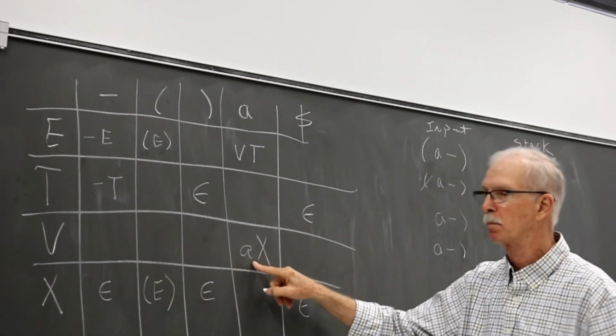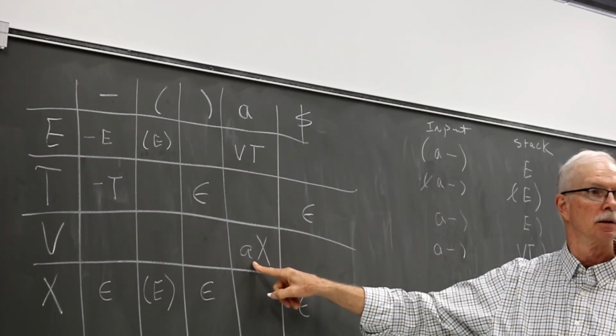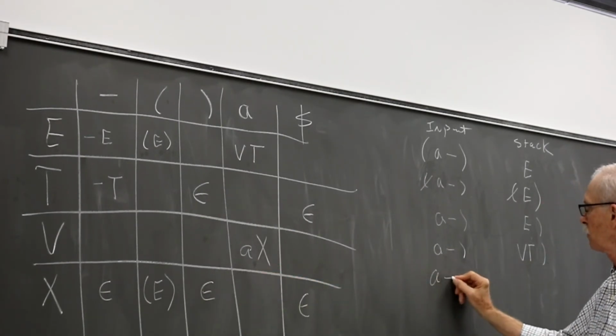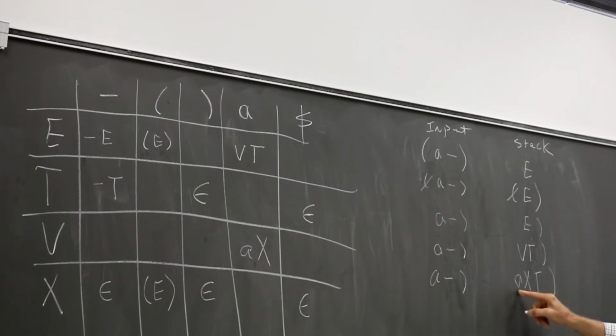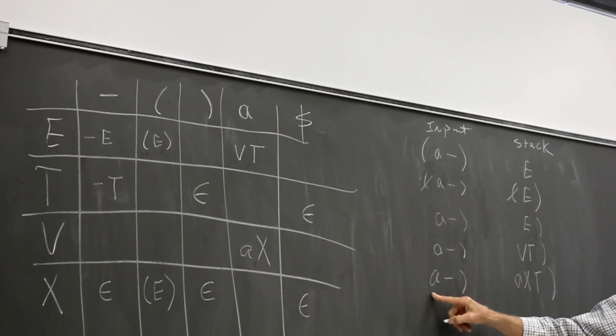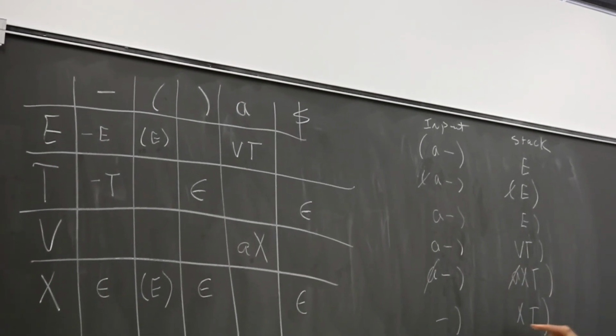V A says replace the V by AX. A minus paren, AXT paren. The A's match, we accept. So I get minus paren, XT paren.